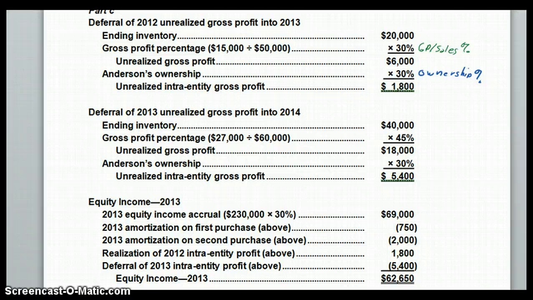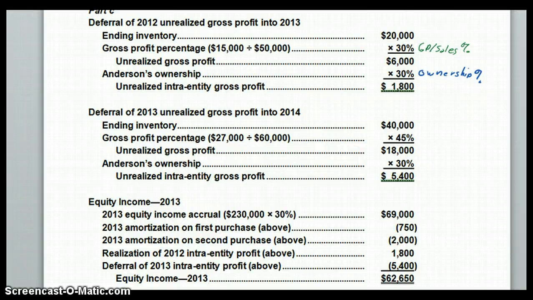Okay, so how can we make this problem more realistic and harder? Well, how we would do that is to not only assume that the purchase of Behringer occurred with two smaller purchases, one 10%, one 20%, both above book value, both with different amortization calculations, but we can also assume, as often happens when one company acquires an equity stake in another, that there are intercompany transactions.